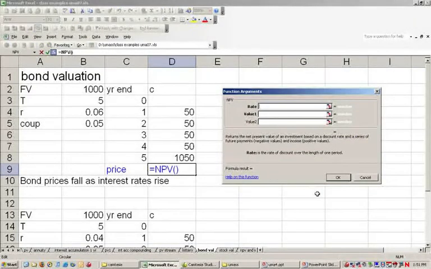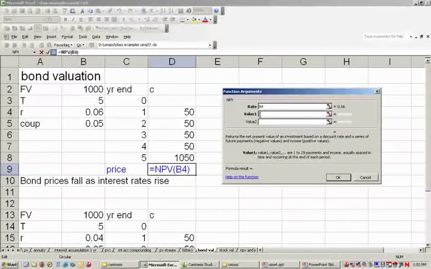The rate that we want to indicate here is the discount rate that the bond buyer or the bond buying market is going to apply to the cash flows associated with owning the bond. And that's going to be prevailing interest rates on bonds of similar risk. So I'm going to highlight the cell that has the 6% R or discount rate or market capitalization rate.